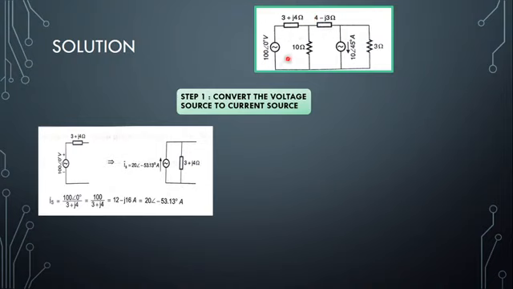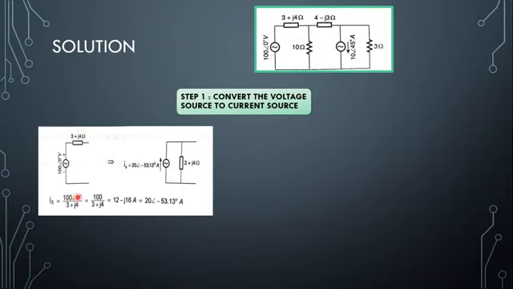So here we have a voltage source connected in series with a 3 plus j4 ohm impedance. When you convert this to a current source, it becomes a current source in parallel with the impedance. Always, a voltage source will be in series with an impedance and a current source should be connected in parallel with the impedance. Now how to convert this? We will do source transformation. Applying Ohm's law, we know that V equals IR, or I equals V divided by the R value or the Z value.